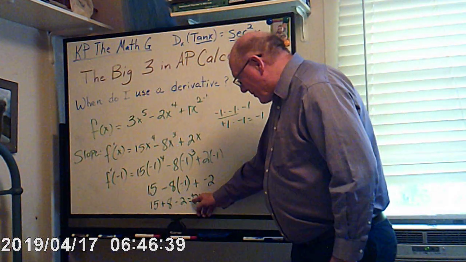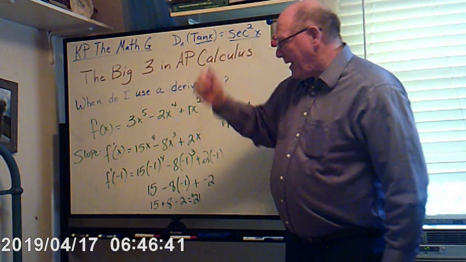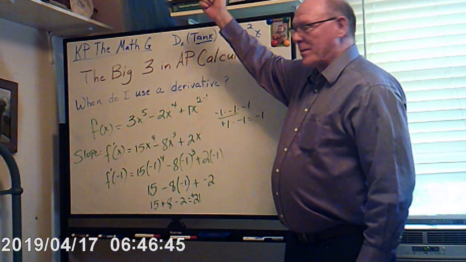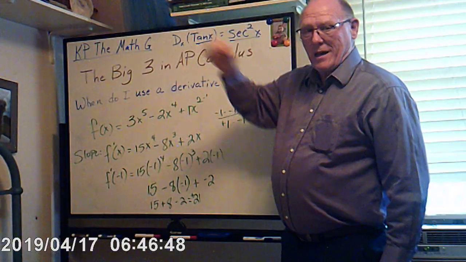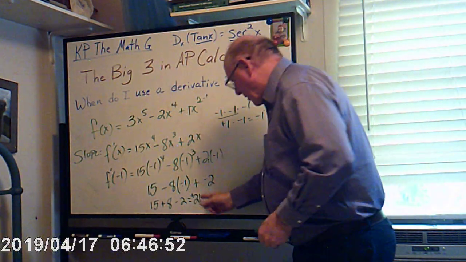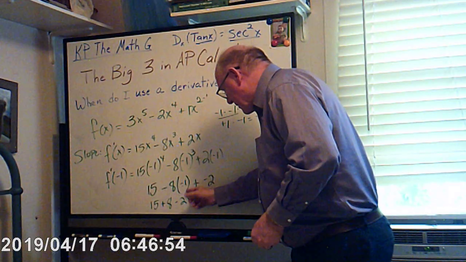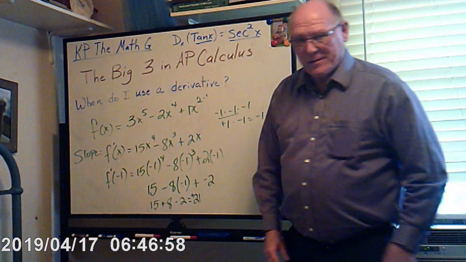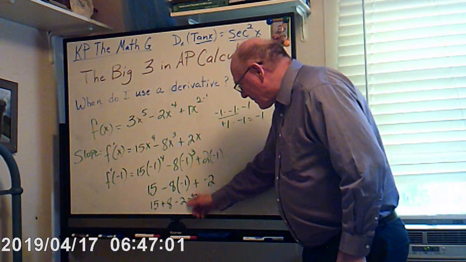Well, it's positive, so it is increasing. At x equals negative 1, it is definitely shooting up real sharply. Even though we don't see the graph, we know it's shooting up sharply because the slope at x equals negative 1 is 21.